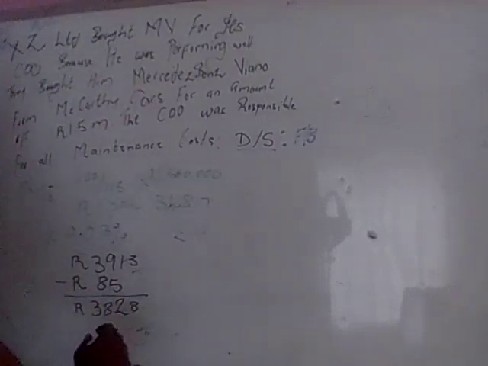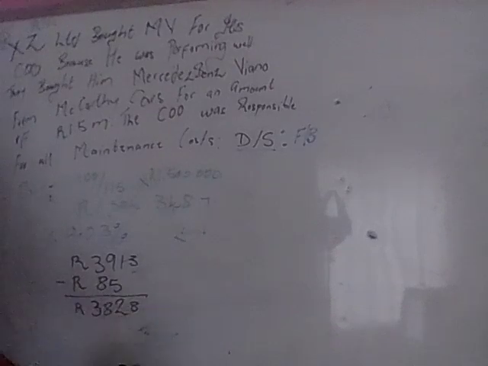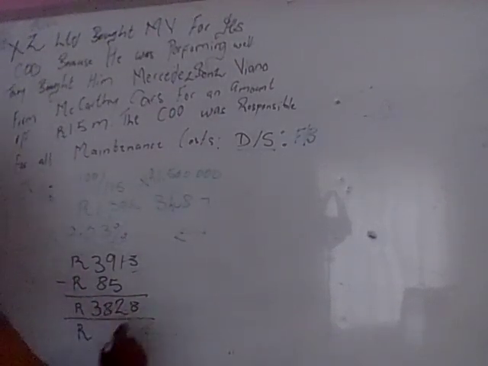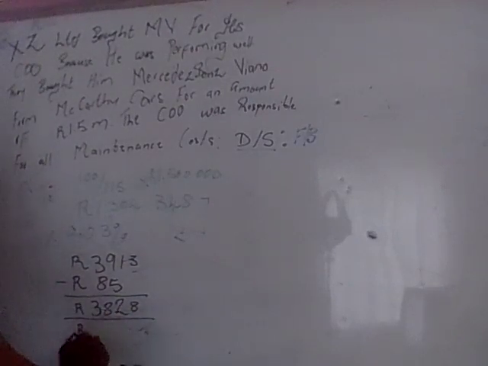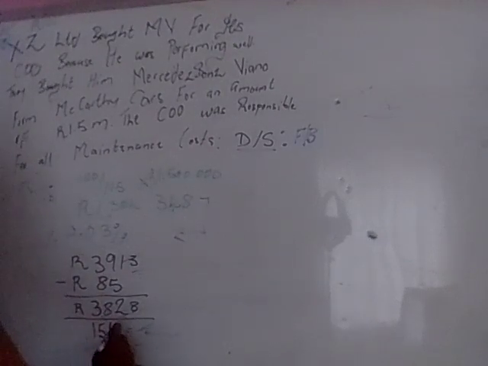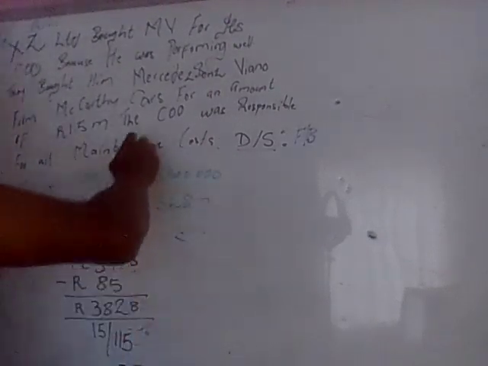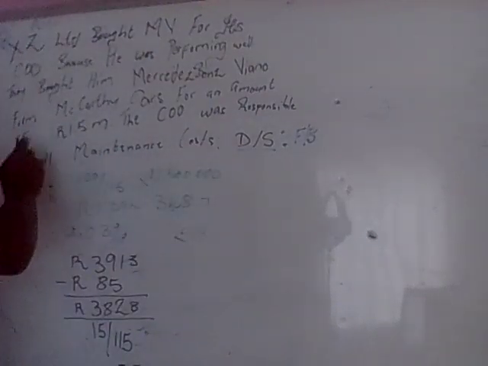So now we can start getting excited about getting our VAT. So now what is our VAT amount? So now we bring in our tax fraction. So we say this amount now, we can times it by our tax fraction of 15 over 115. And let's just say that you used the motor vehicle for 3 months.